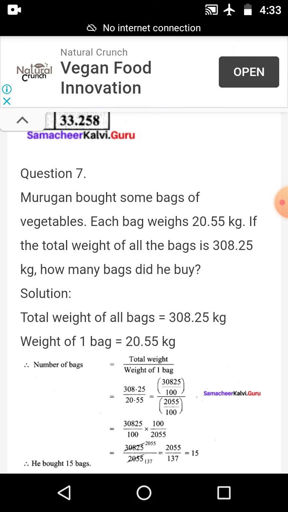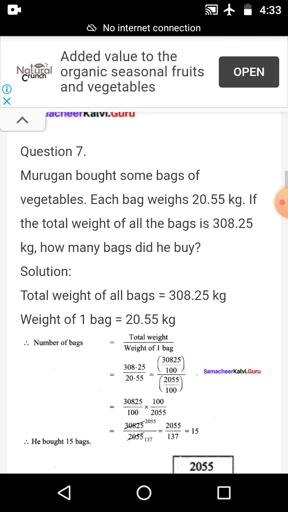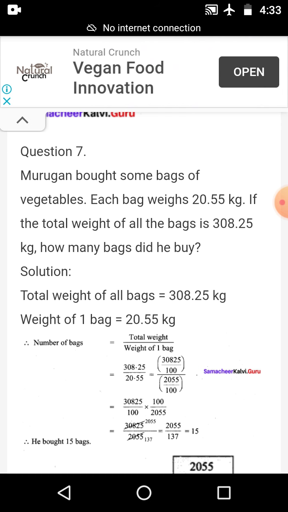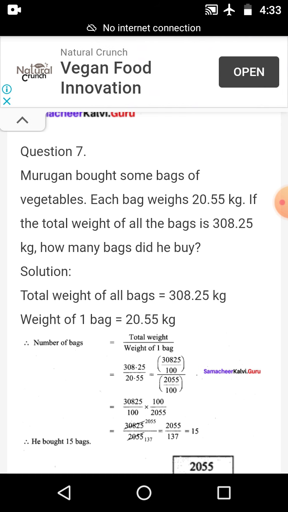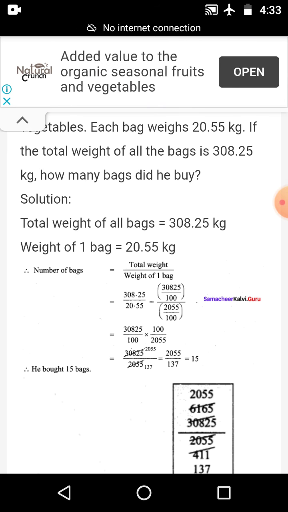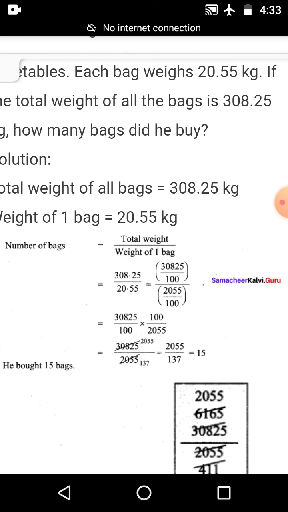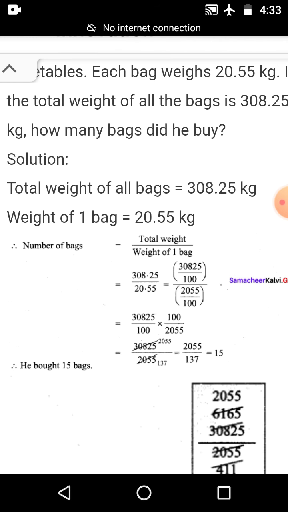See the question number 7. Murugan bought some bags of vegetables. Each bag weighs 20.55 kg. The total weight of all the bags is 308.25. How many bags did he buy? You have to divide here. It's very simple. First write total weight of all bags, then weight of each bag, then divide total weight by weight of one bag.